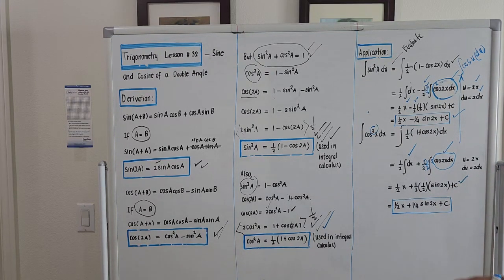So the final answer will be 1/2 of x plus 1/4 sine of 2x, okay, plus c. You could check this. Because if you try to take the derivative of this, what will come out should be this one. The derivative of sine of 2x is actually plus cosine of 2x times 2.